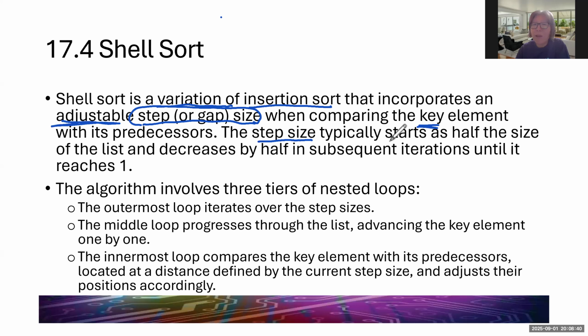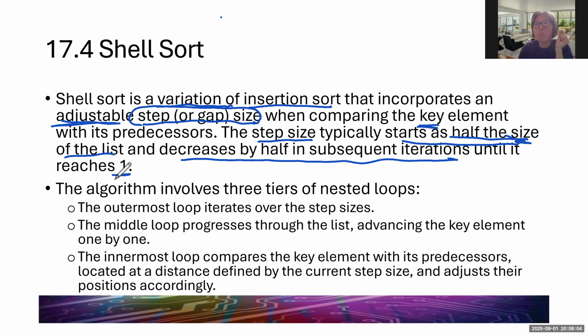Because the step size can start at some large step size. So it's half the size of the whole list. That's quite a large step size, okay. And it's decreased by half in subsequent iterations, until the step size is one.